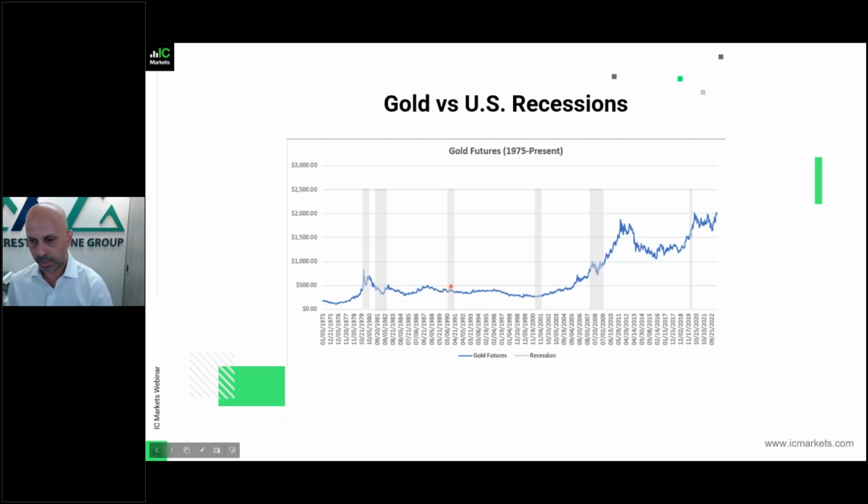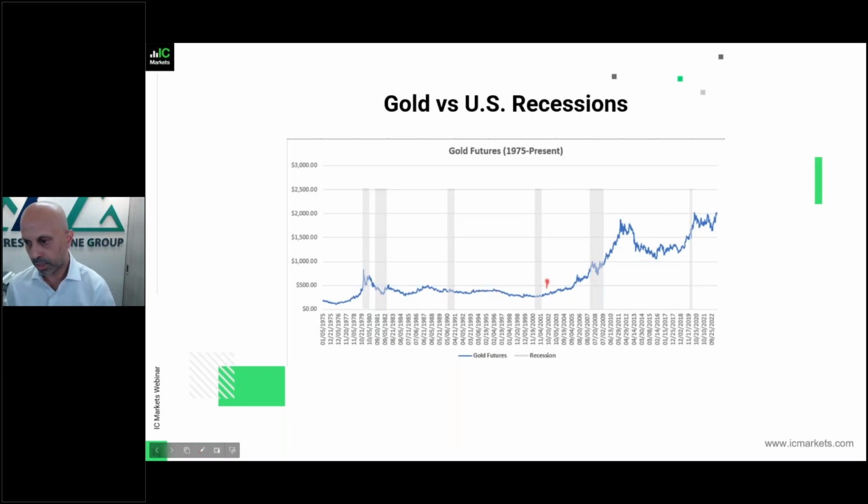There was a slight pickup in the price as the recession started. It looks like it went sideways for a while, and as we came out of the recession, gold prices actually started to fall, and went sideways until 1993, 1994. Okay, so as you can see, in 81, 82, and 1990, gold really didn't serve its purpose as a hedge against recessions.